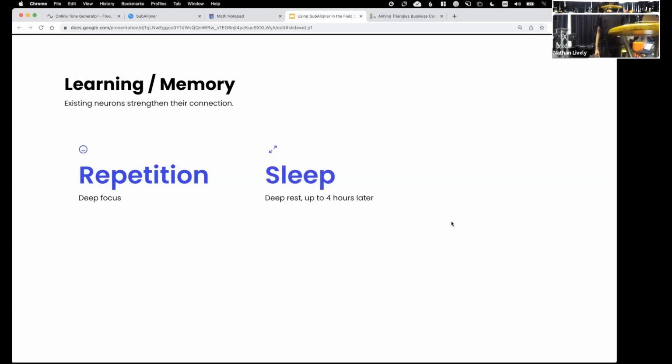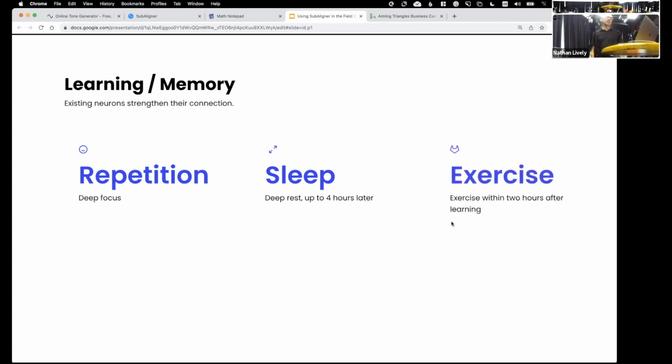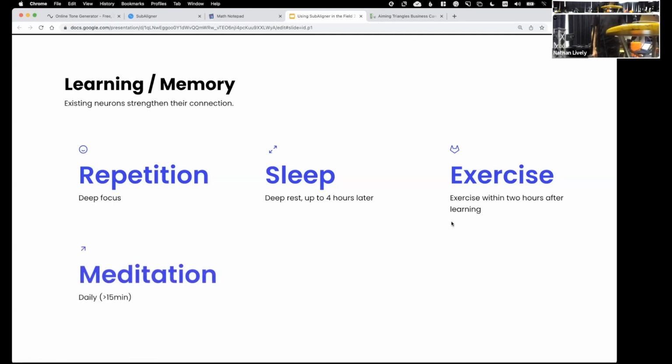Some things you might not know, it can really help to have good sleep, especially if they've done tests to show that if you do some kind of deep rest, like 4 hours after you do some kind of a learning session, that can really help strengthen these existing neurons. Exercise can be really helpful. So if you go for a run or do whatever your normal strength training regimen is, like 2 hours after a learning session, meditating 15 minutes a day is proven to be really helpful.